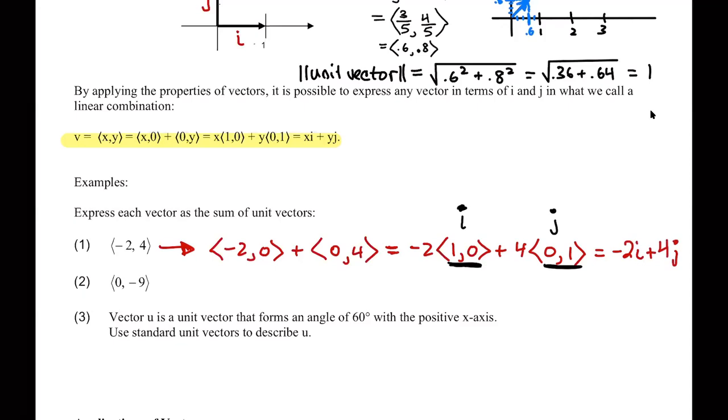Now, in order to get the answer, you wouldn't have to show any of that work. That's just to understand why it works the way it does. Really, if you think about it, the x value gets an i slapped onto it. The y value gets a j slapped onto it, and you just add them together, right? So you can just jump right to 0i plus negative 9j, which would then simplify down to -9j.